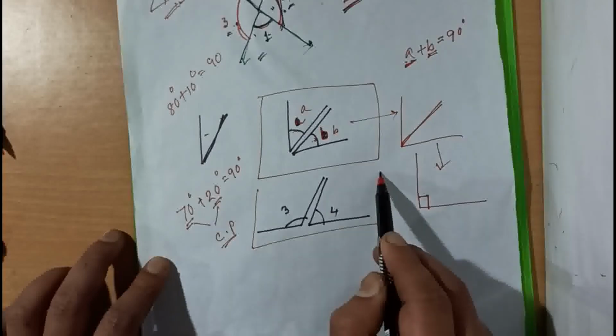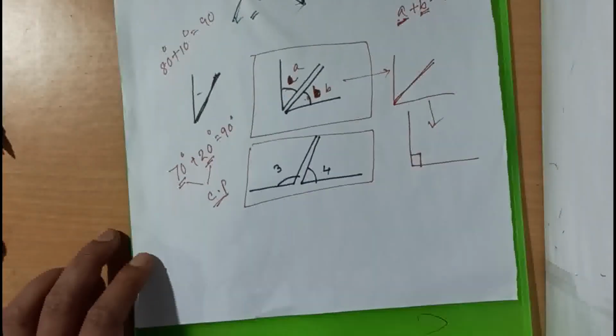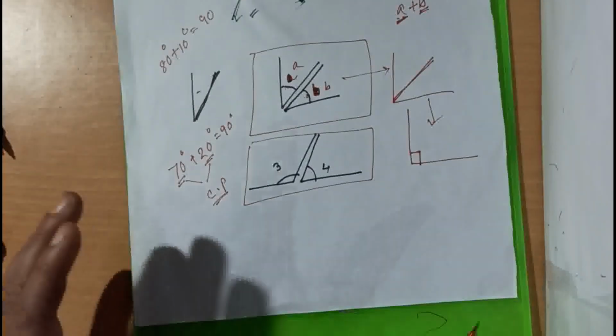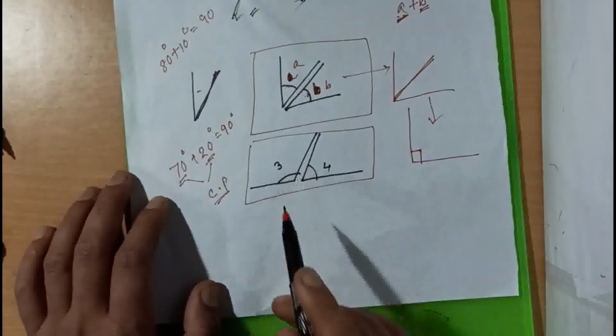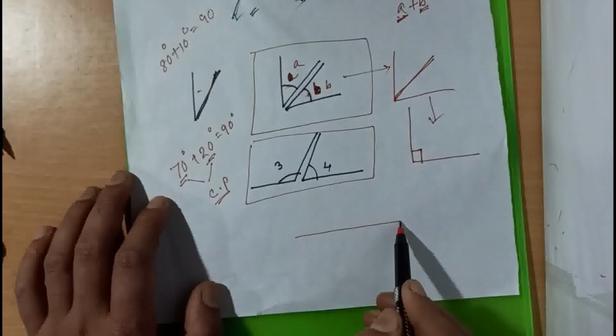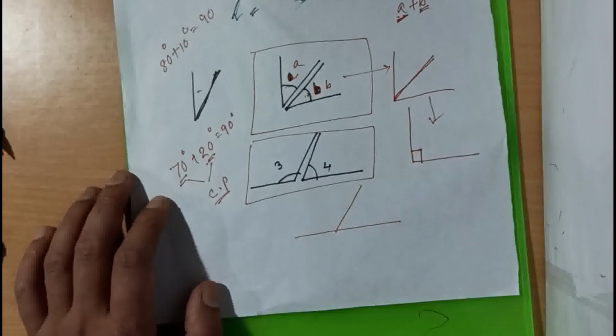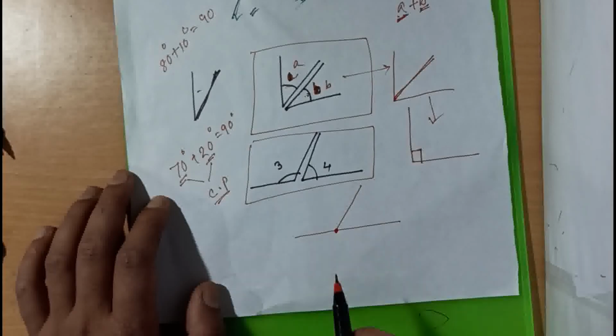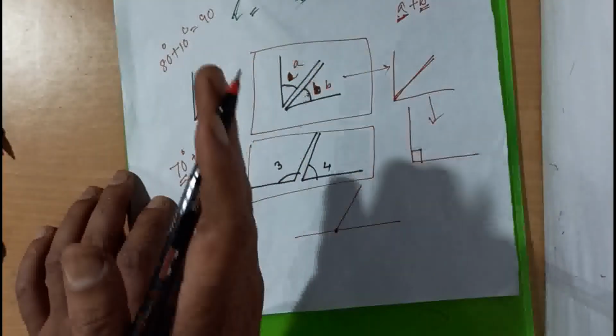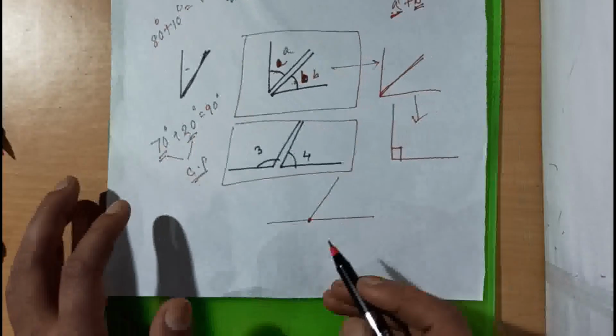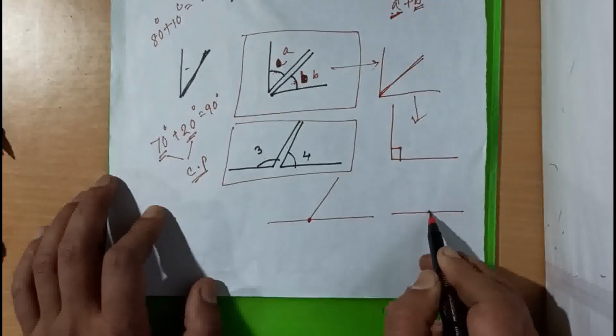Now if you observe this figure, and if you combine this 3 and 4, then the entire figure looks like this. If you combine the figure here, it looks like this. Now if you remove this ray, then the figure becomes like this.